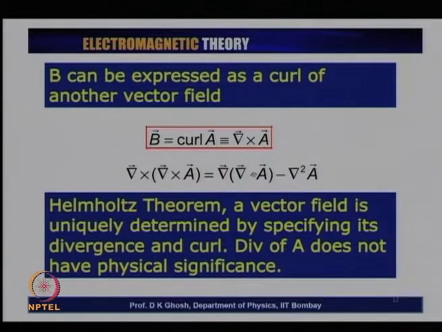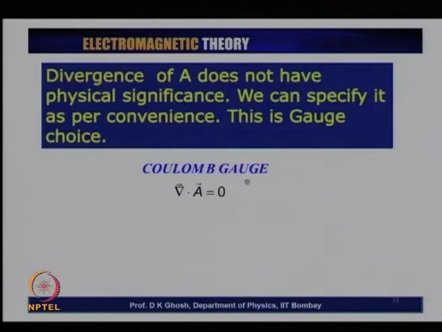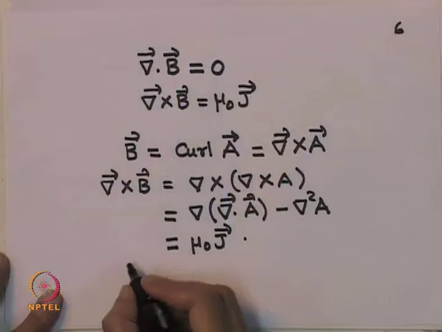One of the ways to do it is to choose divergence of A to be equal to 0. Since it does not have a physical significance, we just specify it as per our convenience, and this is known as a gauge choice. This gauge, del dot of A equal to 0, is called the Coulomb gauge.